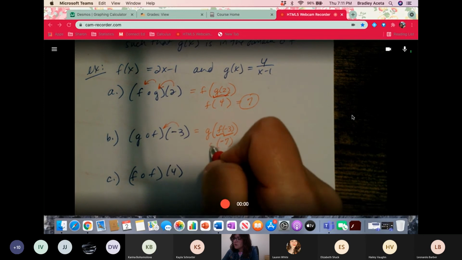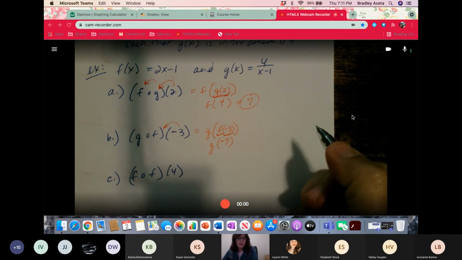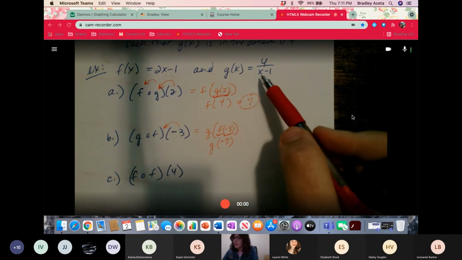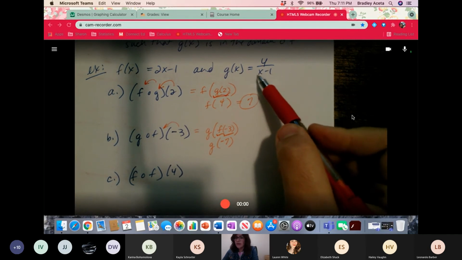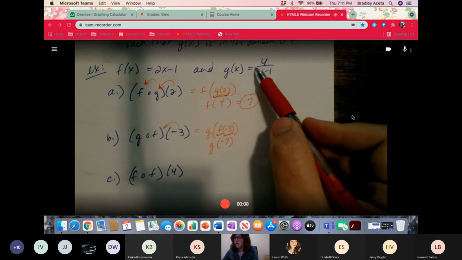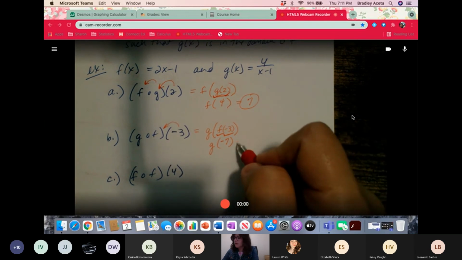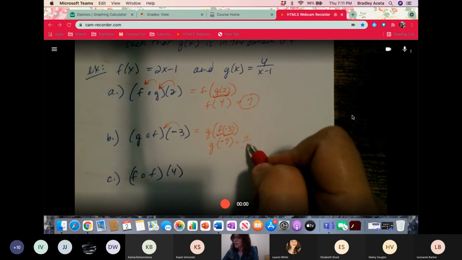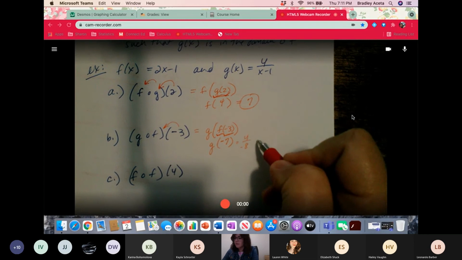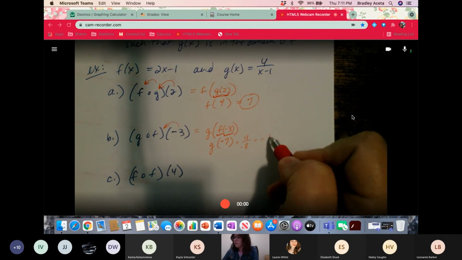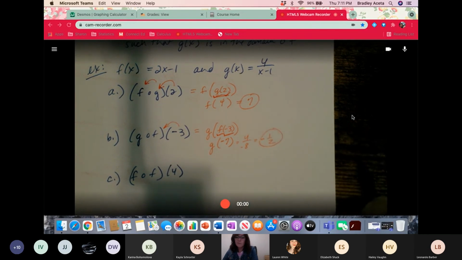And now I want to do the g function of it. So put a -7 right here for x. 4 over -7 minus 1. 4 over -7 minus 1 is 4 over -8. 4 over negative 8 is negative 1/2. That would be the g o f.